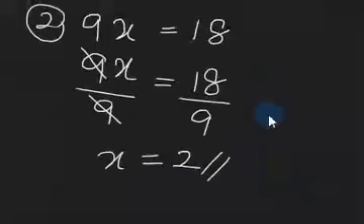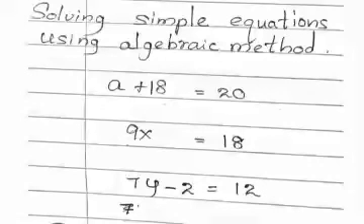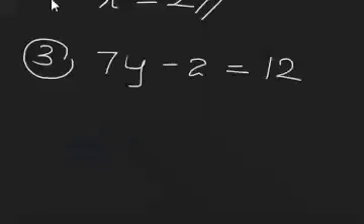Okay, we'll move to the next question. Question number 3. 7y minus 2 equal 12. Here there are more than one term with the unknown term y.